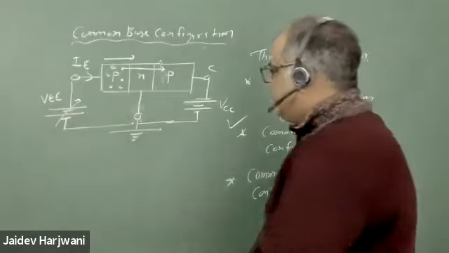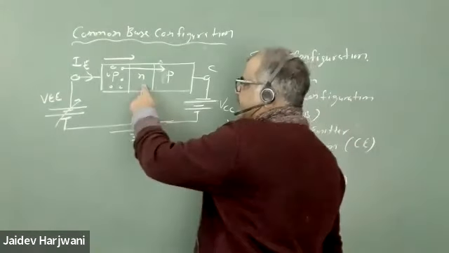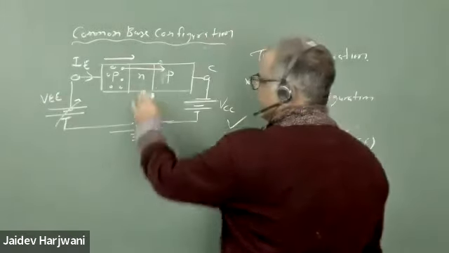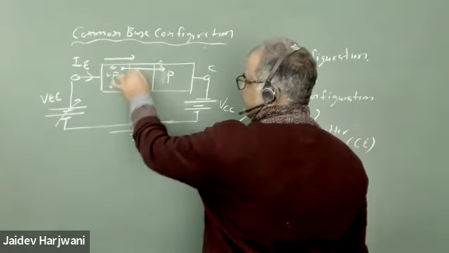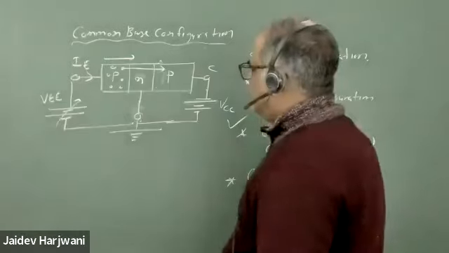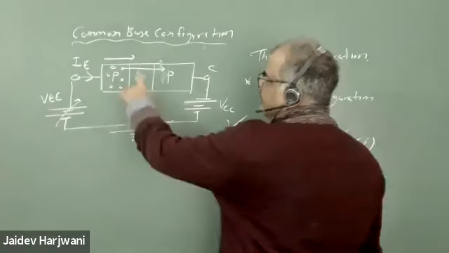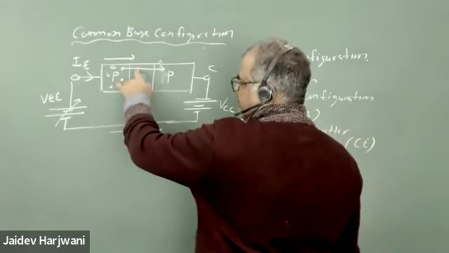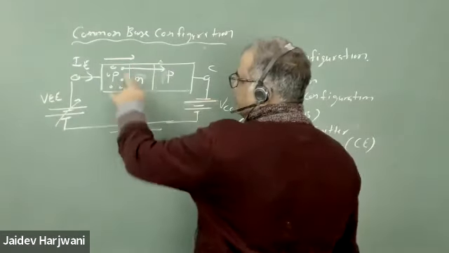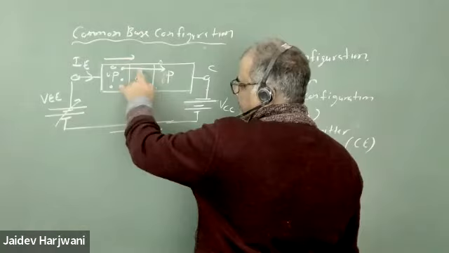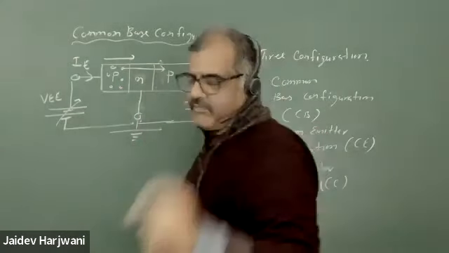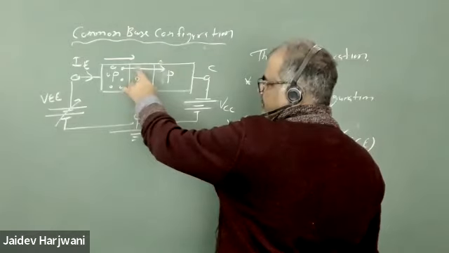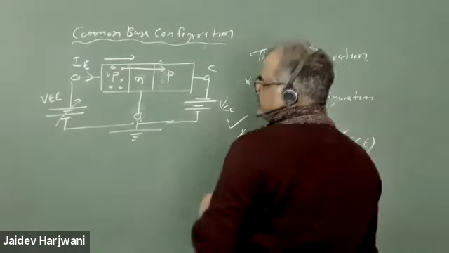But in between, because there is the N region, there are some electrons also. Doping is low, but the majority charge carriers are electrons. So some of these holes will combine with these electrons. Only a very small fraction will be recombined, so most of the holes will reach the collector, but some are lost here because of recombination.